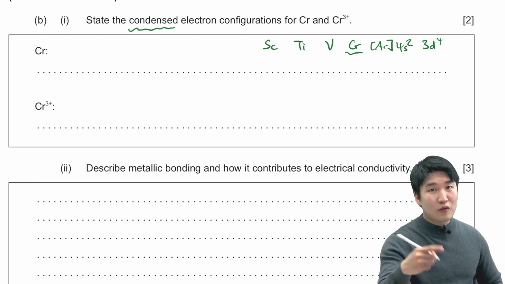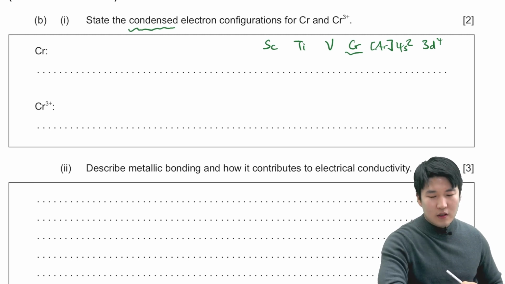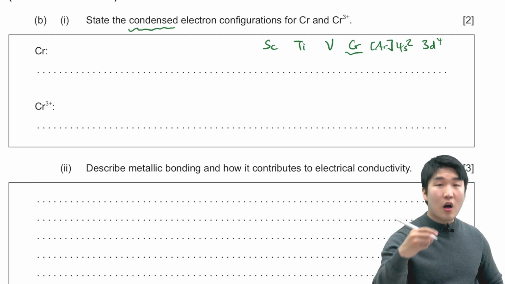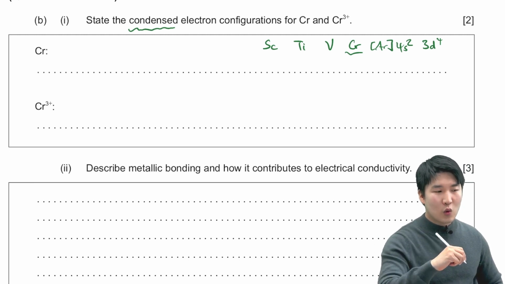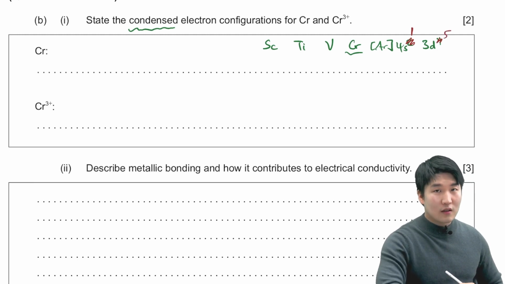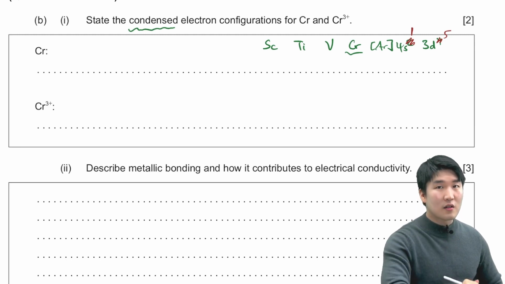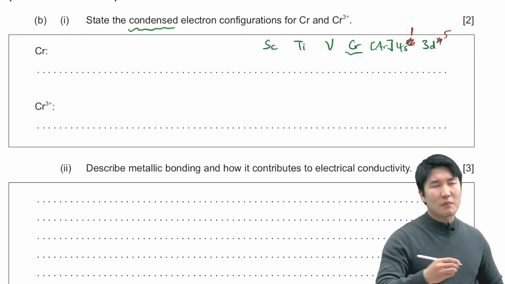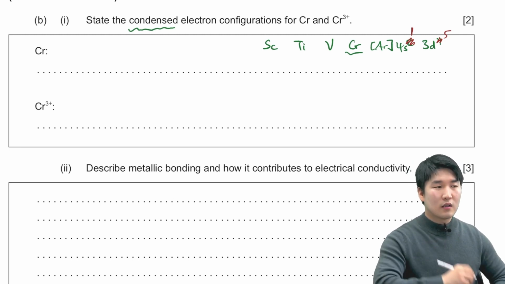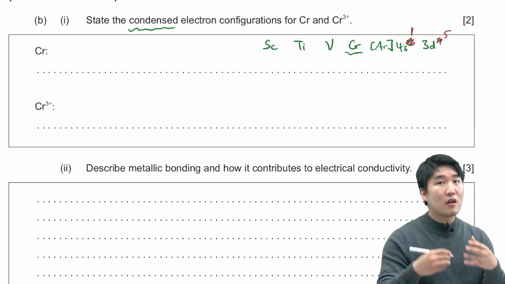However, copper and chromium are the special transition metals where, in order to complete or half complete the 3d orbital, we're going to excite one of the 4s orbital to the 3d, so that we have 5 instead of 4. For copper, 10 instead of 9. Why? Because half filled or complete d orbitals are more stable.